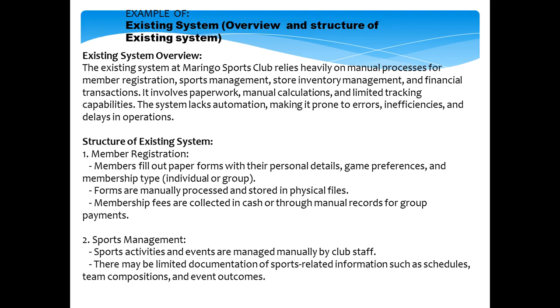The existing system at Maringo Sports Club relies heavily on manual processes for member registration, sport management, store inventory management, and financial transactions. It involves paperwork, manual calculations, and limited tracking capabilities. The system lacks automation, making it prone to errors, inefficiencies, and delays in operation.